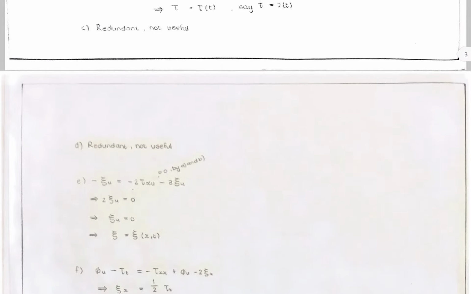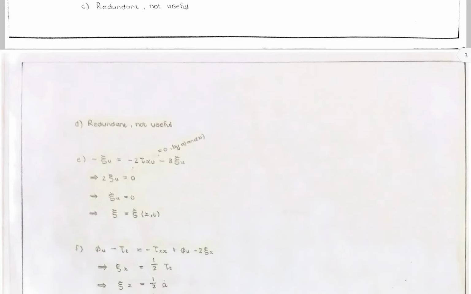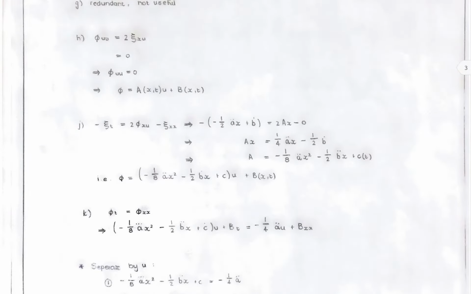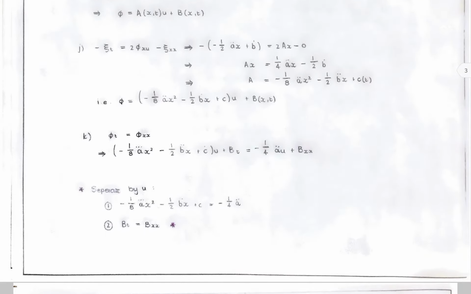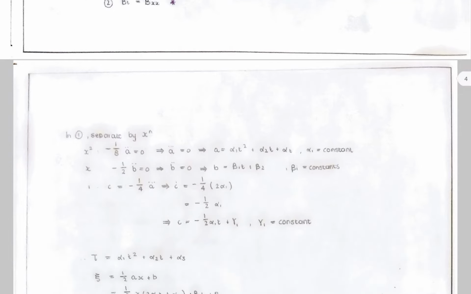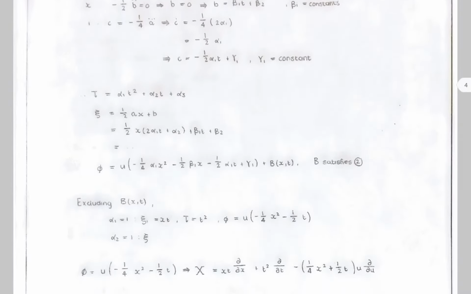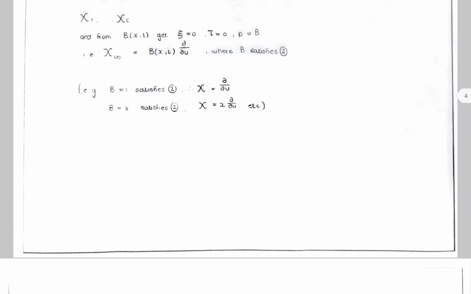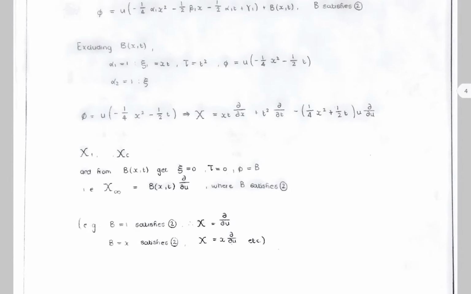So when we separate these and solve for the respective unknown functions, it seems to be a detailed procedure, but it's actually quite interesting that once you've cleared up all the calculations, you get some nice forms of your vector fields.